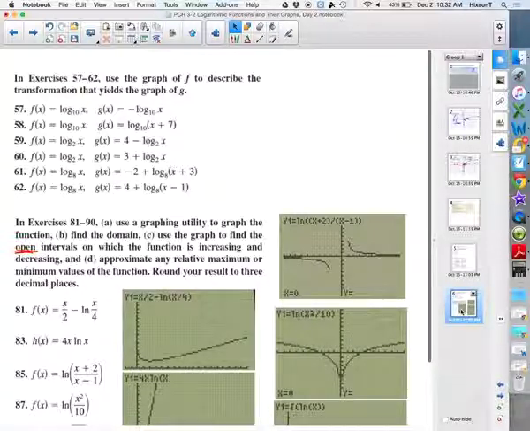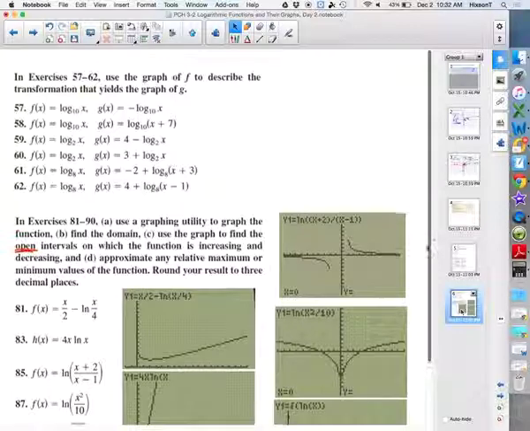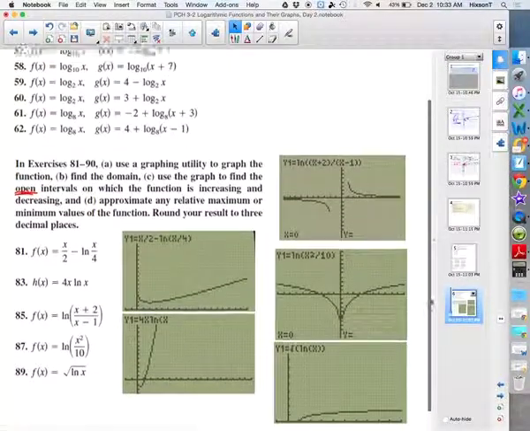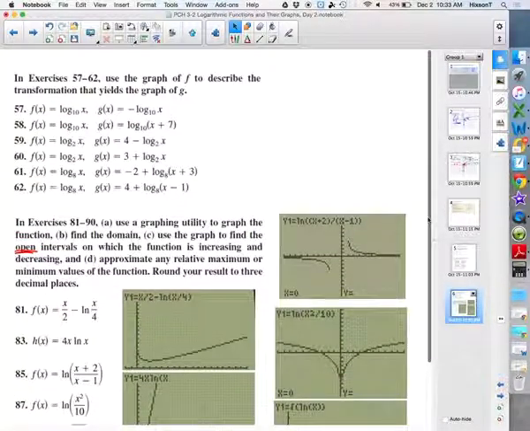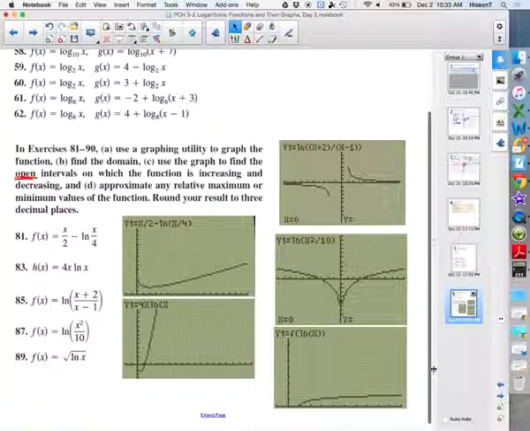And then here, I've got screenshots, but use your calculators. For these ones, you can use your calculators for all of these. When they say approximate any relative max or mins, like here, there's going to be a min point because it's going up. Use the actual calculate max or calculate min function to find the exact.